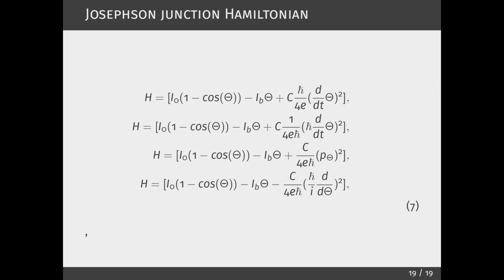Yes, it's clear. Okay, it's correct. Fine. Then we move to the next level. So 1 minus cosine theta minus I_B theta. And then the claim is that let us think about this term inside as the momentum p_theta squared, right? Wojtek, do you agree that we can write it like this? Yes. Good.